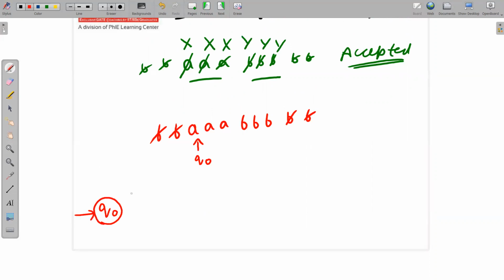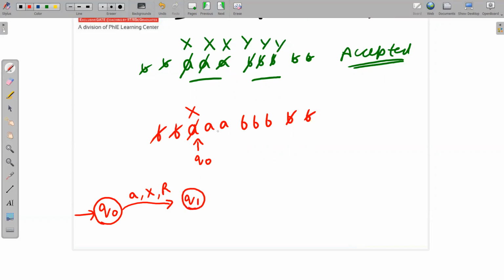On Q naught, as soon as A is read, it will make it X and move forward in search of B. So on Q naught, as soon as A is read, it will make it X and move to the right, and the state will be Q1.